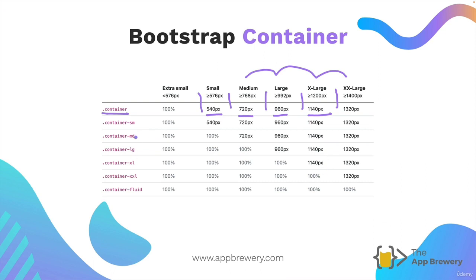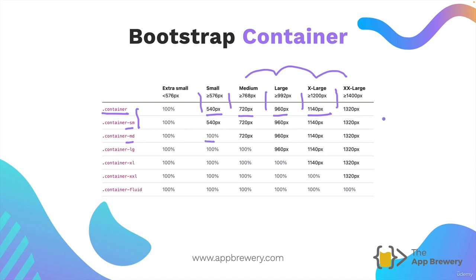You can use the dash plus these different letters to specify at which point you want your container to be 100%. Container SM is the same as the normal container, but container MD, or medium, means that on small screens, the container would already reach 100% of the width of the screen.